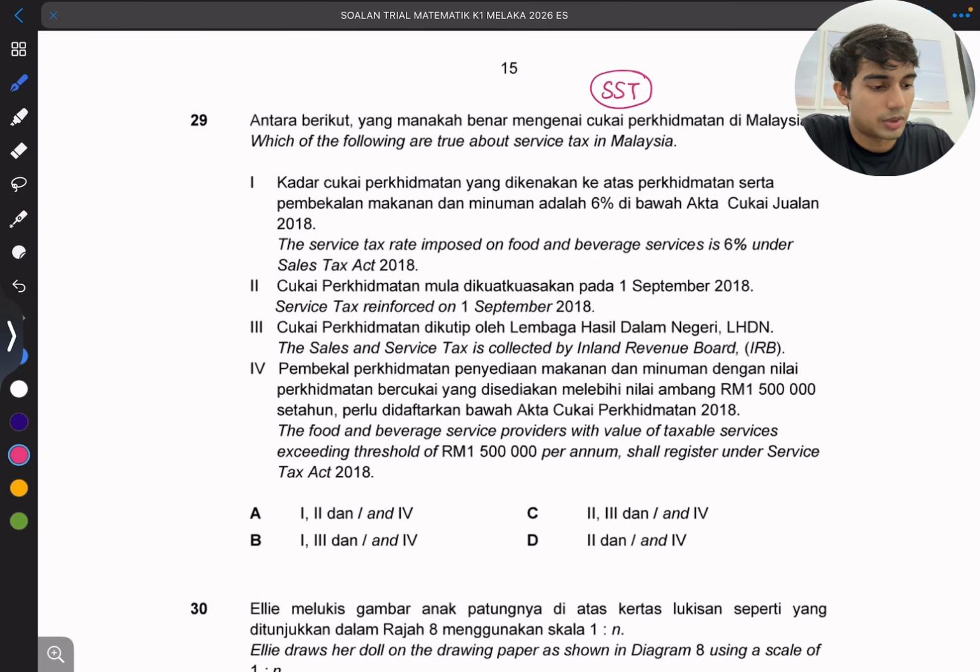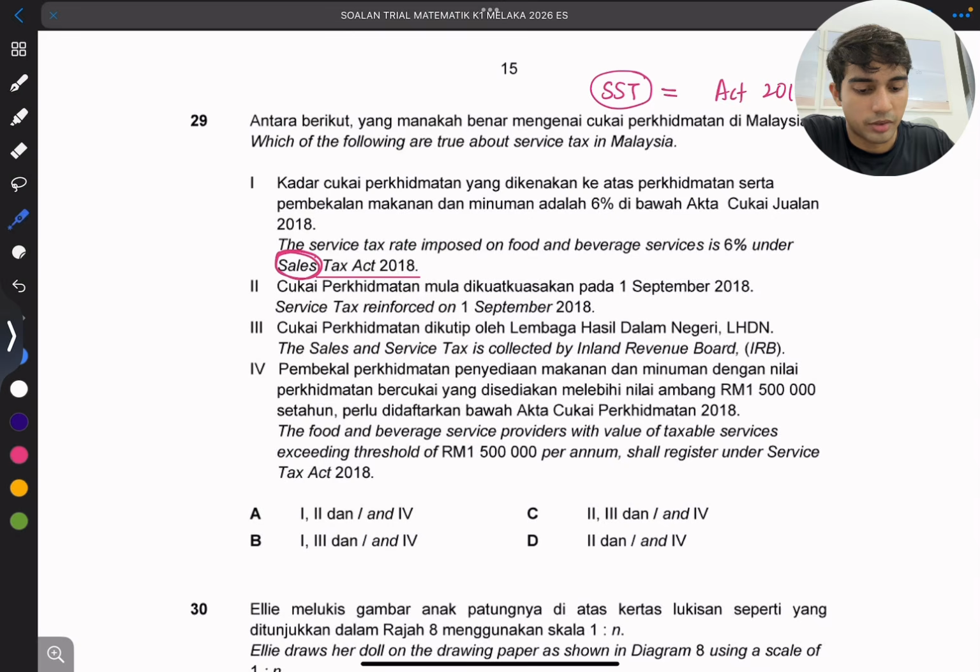Okay, so SST is the Act of 2018. So the 2018 part is correct, but this one looks fishy. Sales Act tax. So food and beverages come under service tax, so it's not the sales tax.